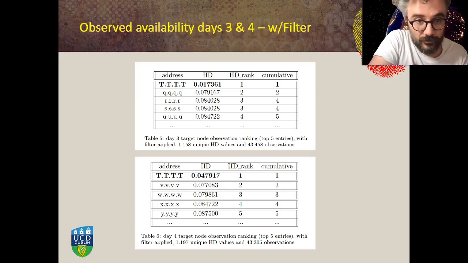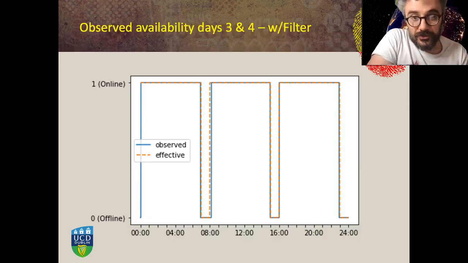So it ranked first at the very top of our observations. This is the observed availability after we applied the filter, so after we canceled the noise introduced by the 30 minutes timeout.